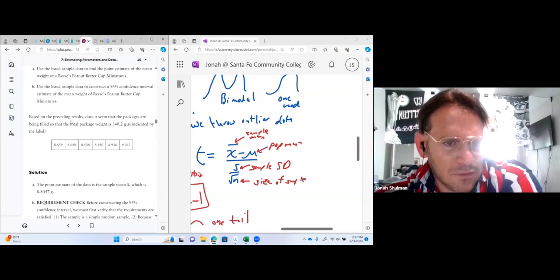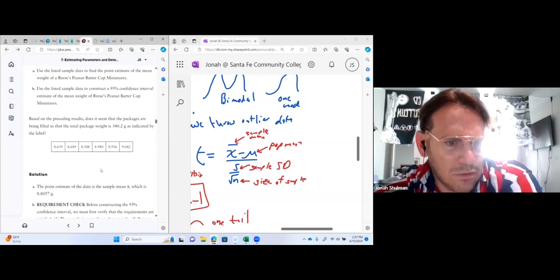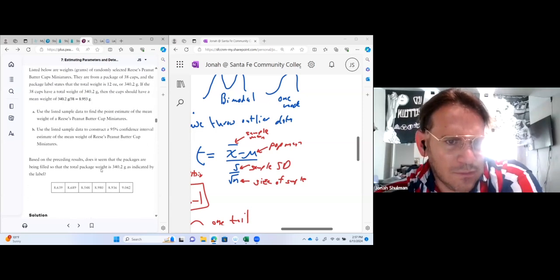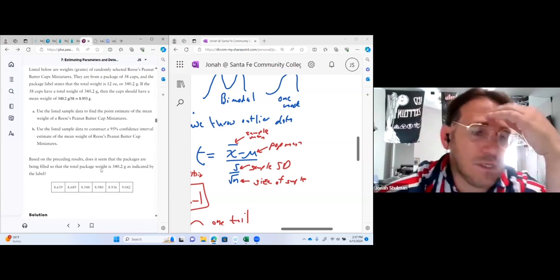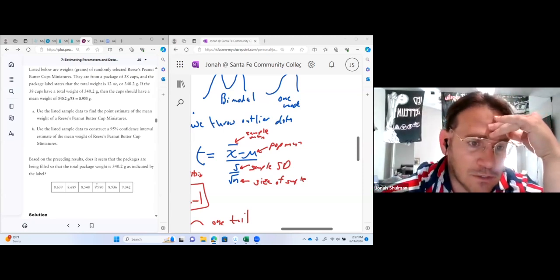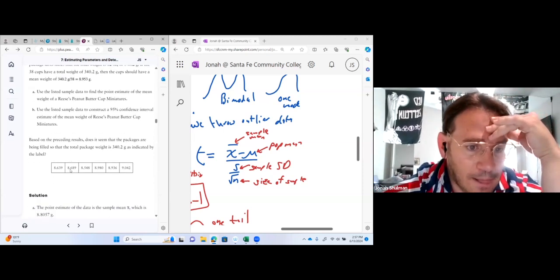Based on the preceding results, it would seem that the packages are keeping to the label. All right, so let's see what all the things were. I didn't see the listed data down here. So this is our listed data.